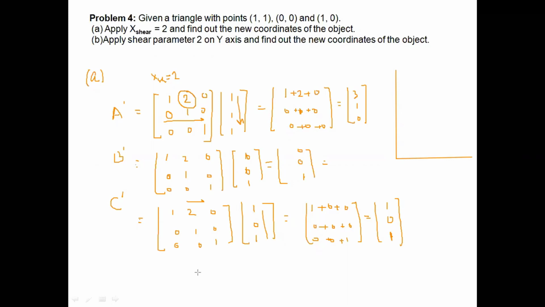Earlier we had the points. First one was 1 1, so let's say this is 1 1. Okay, 0 0, this is the point, and 1 0.